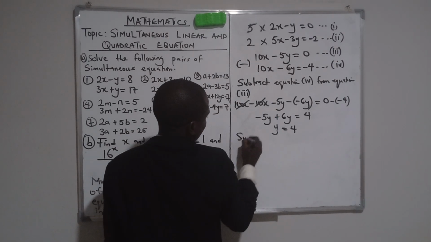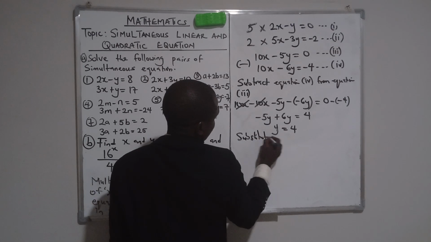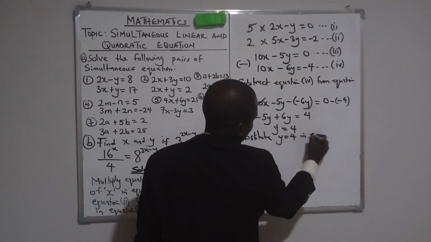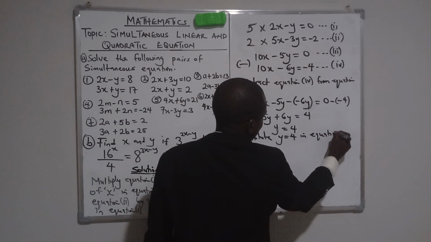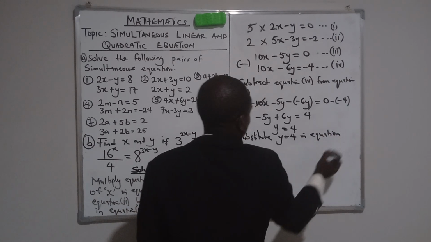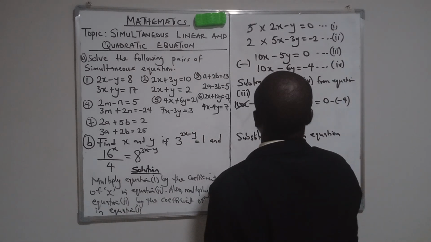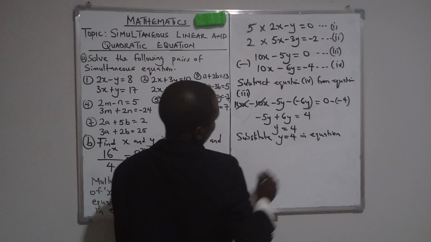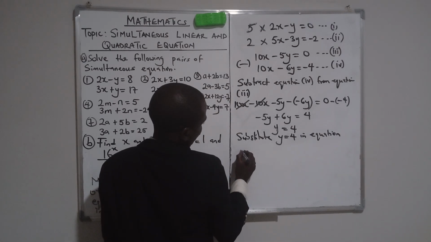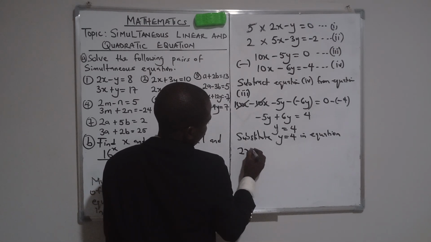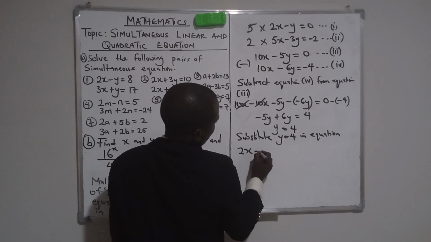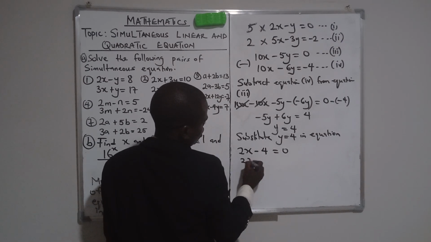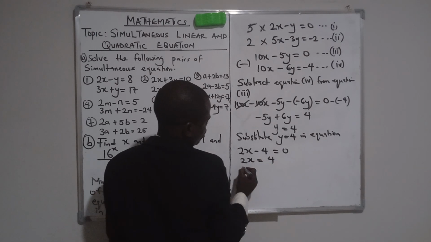Now substitute y equals 4 in an equation. You can pick any equation, but I'm picking equation 1, which is 2x minus 4 equals 0. 2x equals 4.